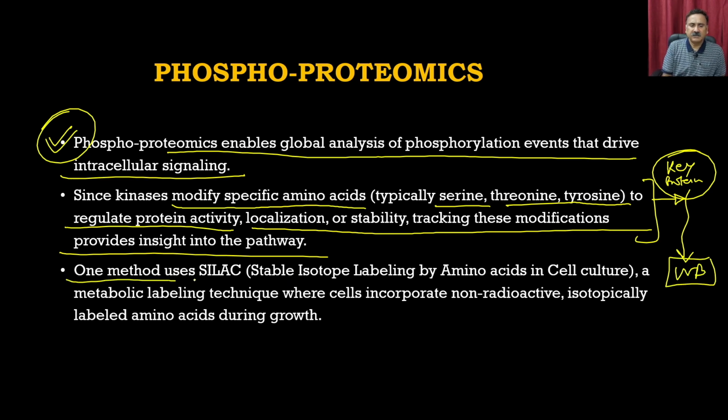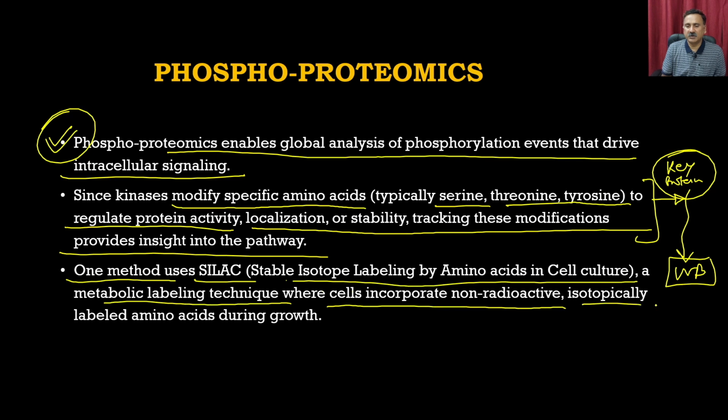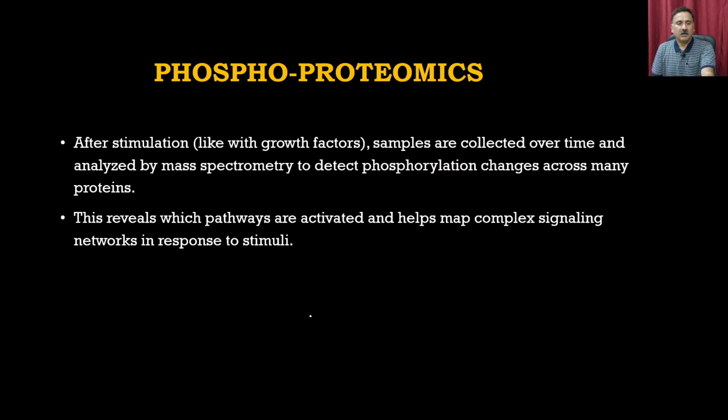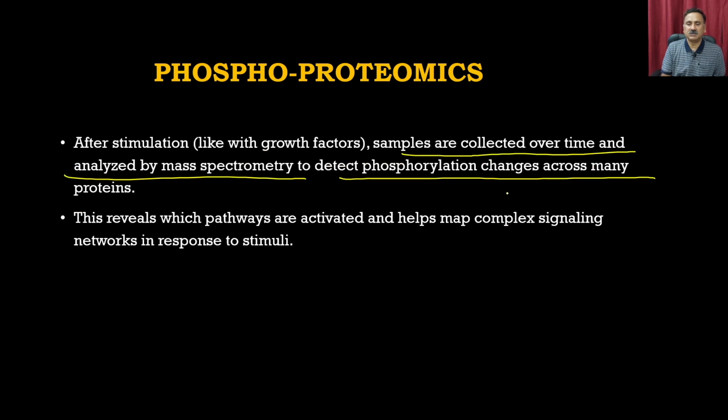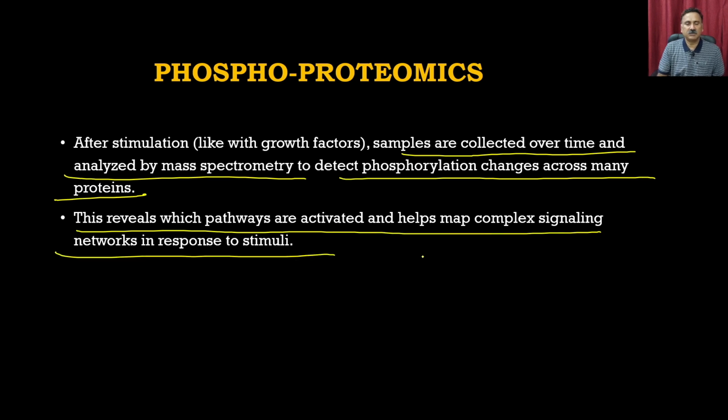One method uses SILAC, or stable isotope labeling by amino acids in cell culture, a metabolic labeling technique where cells incorporate non-radioactive isotopically labeled amino acids during growth. And then after stimulation, samples are collected over time and analyzed by mass spectrometry to detect phosphorylation changes across many proteins. This reveals which pathways are activated and helps to map the complex signaling network in response to stimuli.